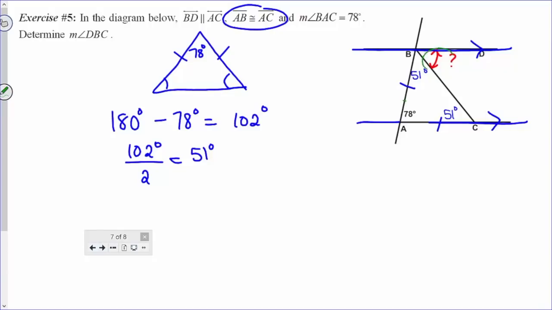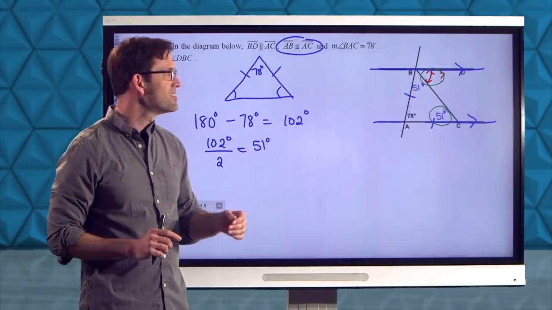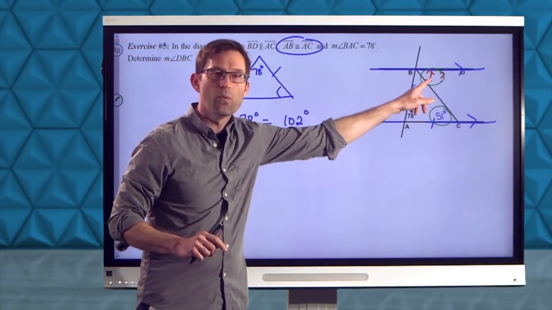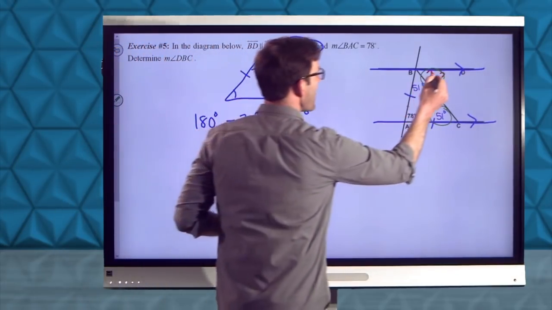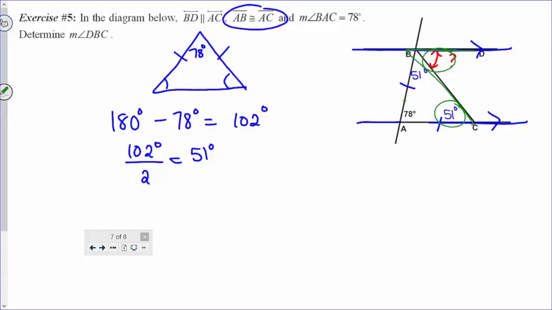The angle we're looking for is actually an alternate interior angle with the 51 degrees. It's that angle made by a Z. And because those are alternate interior angles, the angle that we're looking for must also be 51 degrees.